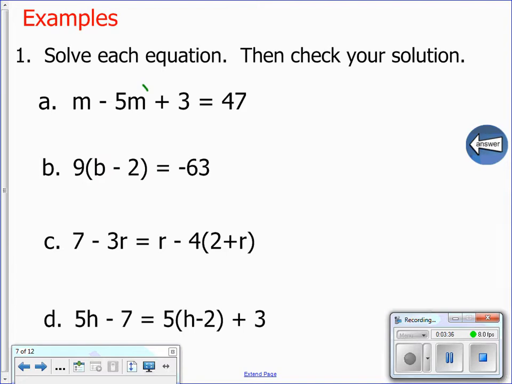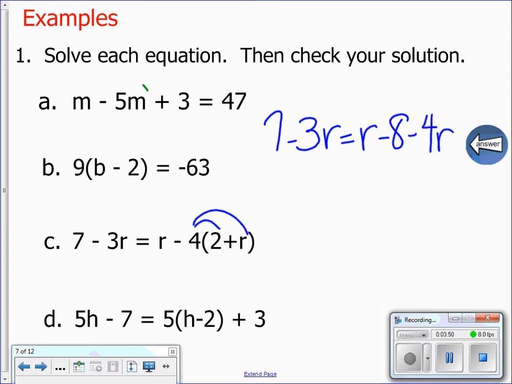In this third one, we're going to start with our distributive property. So I get 7 minus 3r equals r minus 8 minus 4r. Combine like terms on either side of the equation. Same variable, same power, same side.